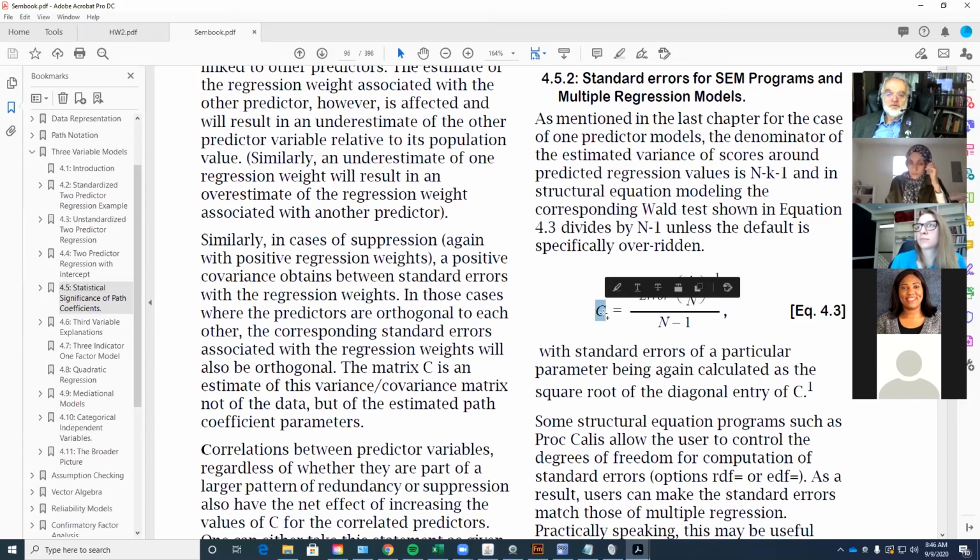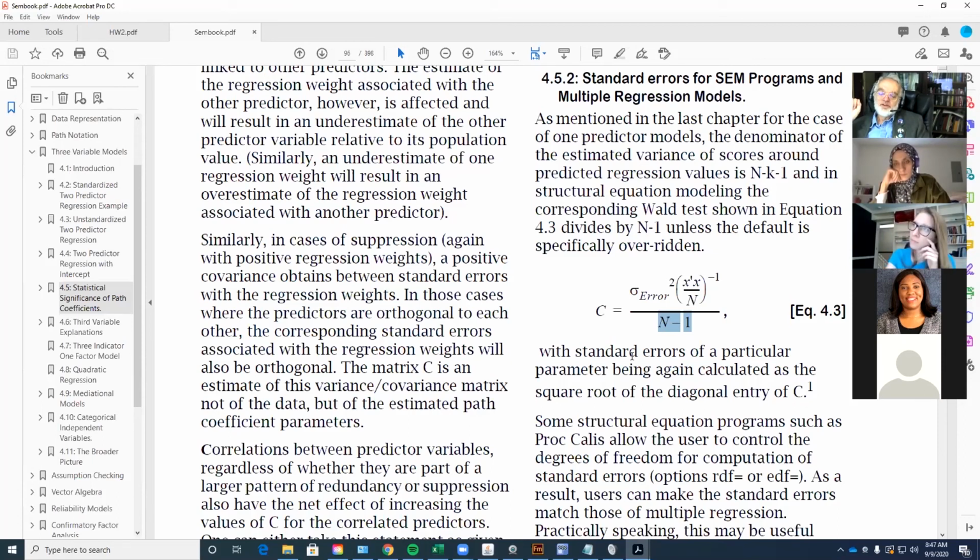This is the variance covariance matrix for something called the Wald test, for testing for the statistical significance of an individual parameter estimate. And it's the same thing as you saw before, but instead of n minus k minus 1, you see down here n minus 1.